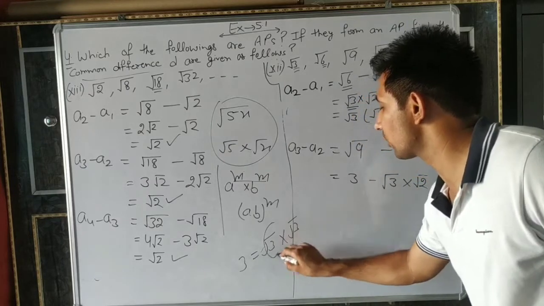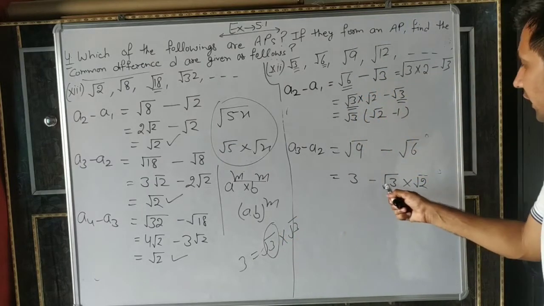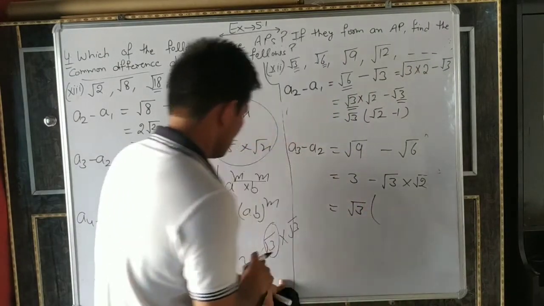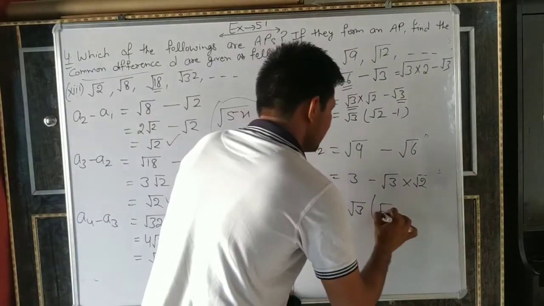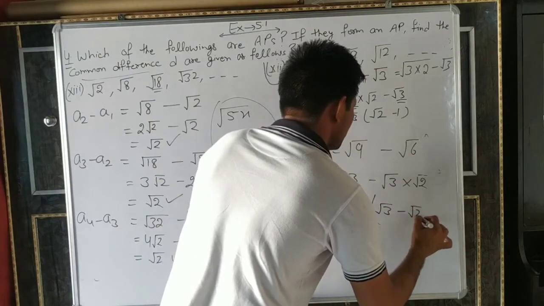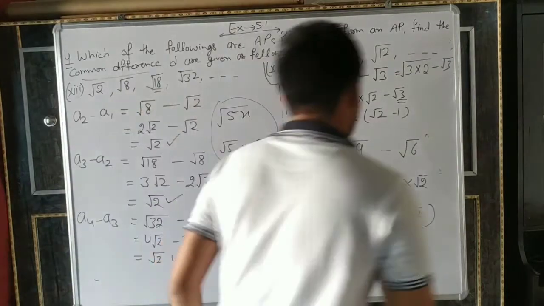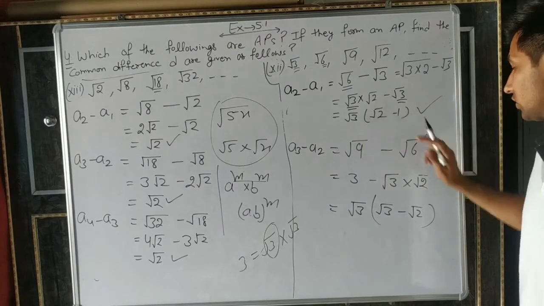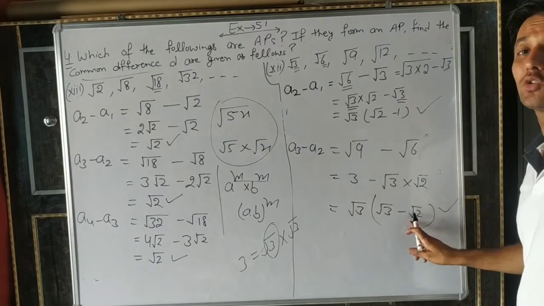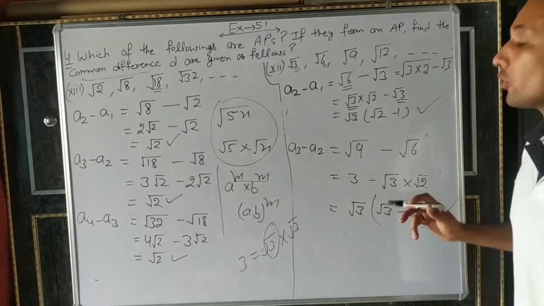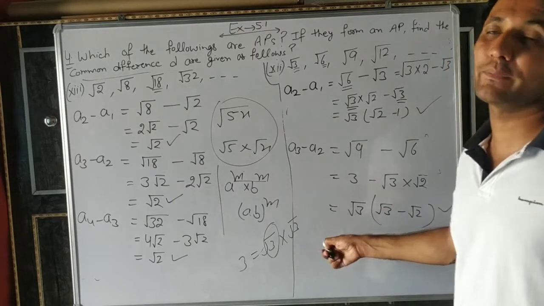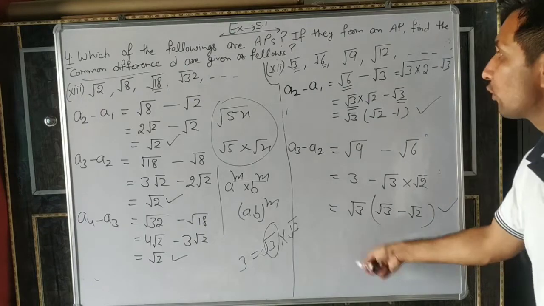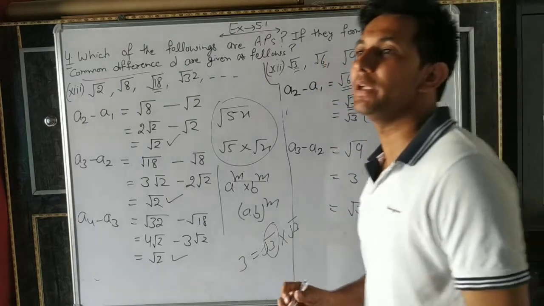So what is common? Root 3. Here also root 3, here also root 3. So we take root 3 common. What remains? 1 root 3 minus root 2. Root 3 multiplied by root 2 minus 1, and root 3 minus root 2. They are the same? No. So we will write here that the differences of the two consecutive terms are not the same. Therefore it is not an AP.